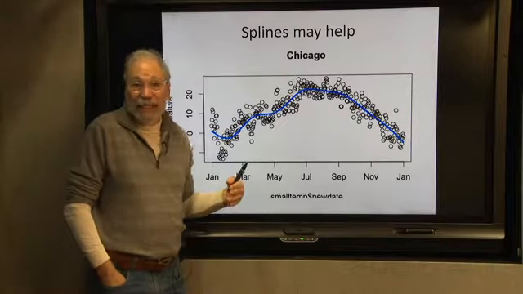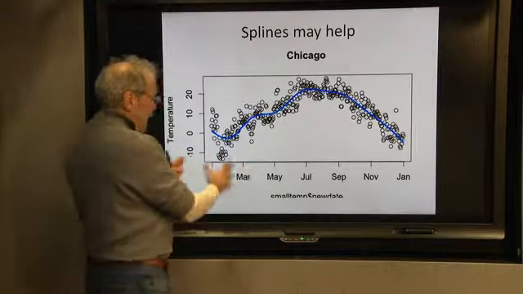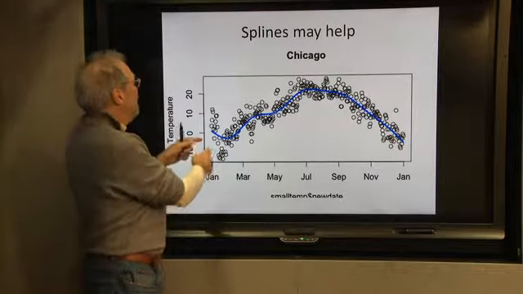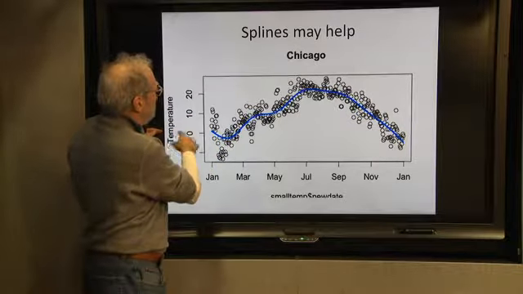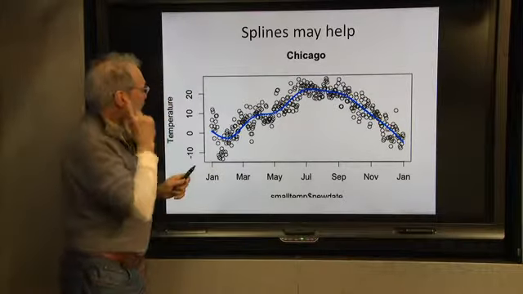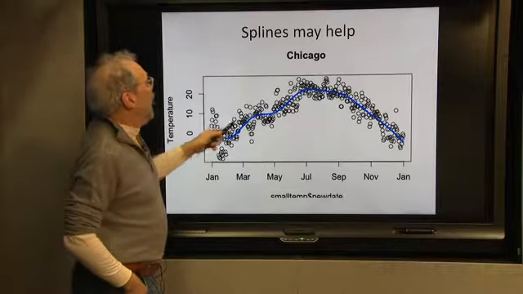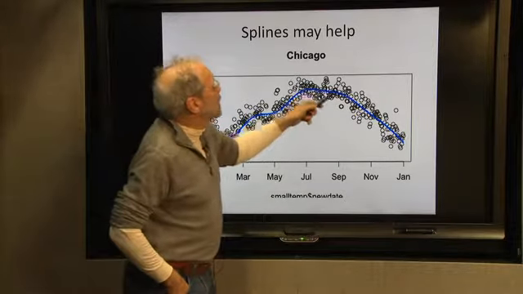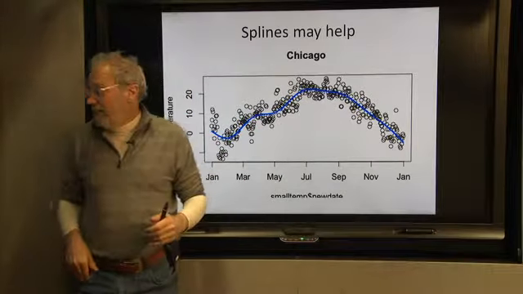And it's at the beginning of the data, at the extreme end of the data. We don't have any observations from the previous December to help us. And so it's not surprising we can't do perfectly there, but it does bend up a bit. And for the rest of the time, it seems to go pretty much through the middle of the data.